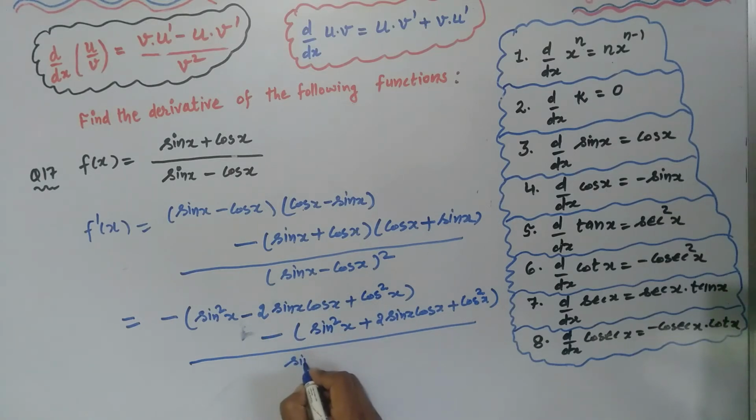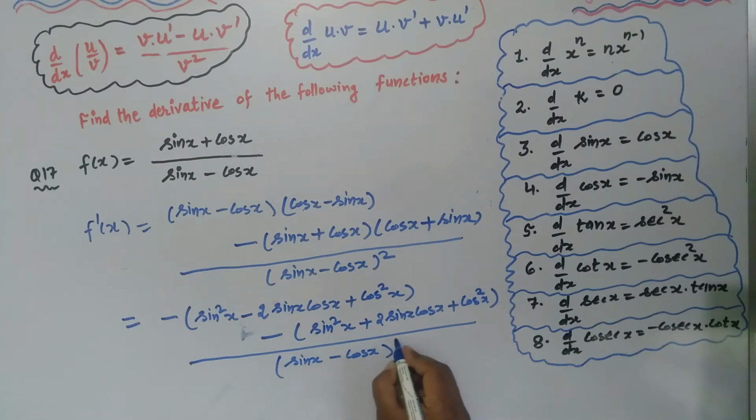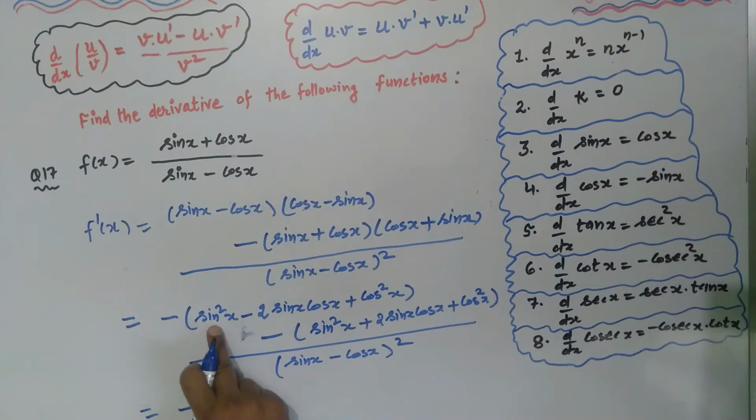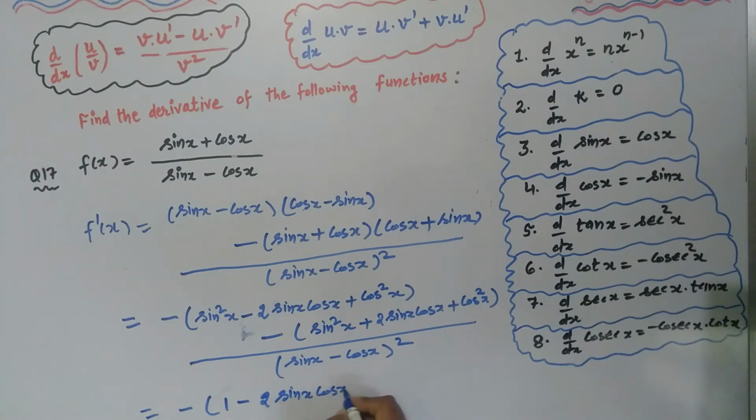(sin x minus cos x) its whole square. So this is equal to minus (sin square x plus cos square x becomes 1 minus 2 sin x cos x).